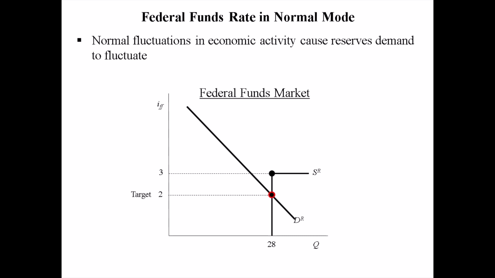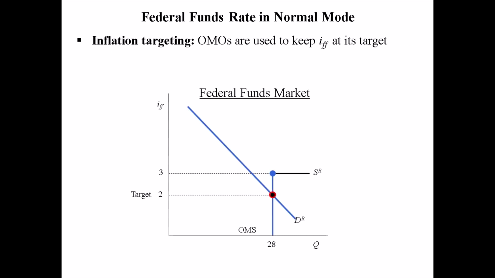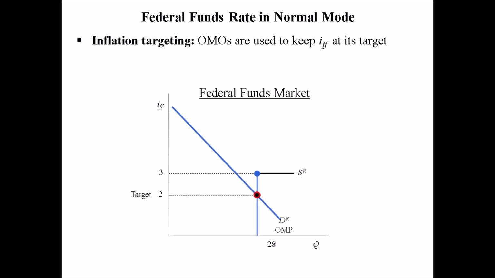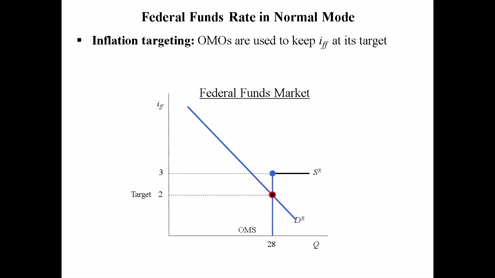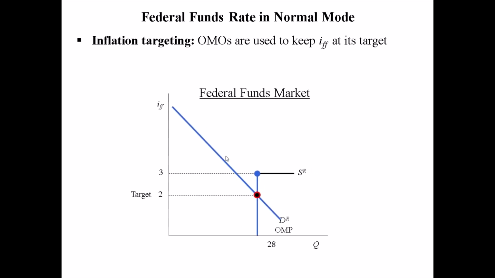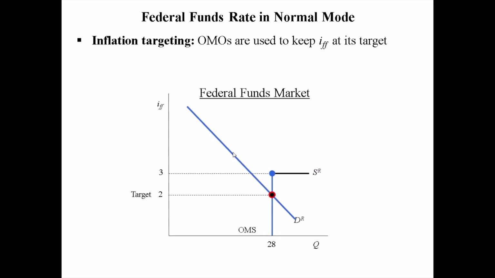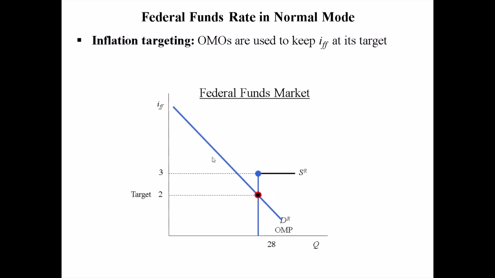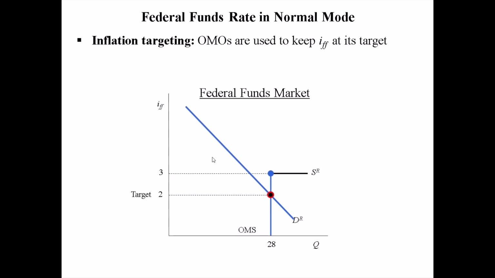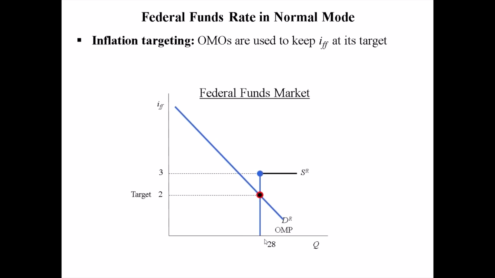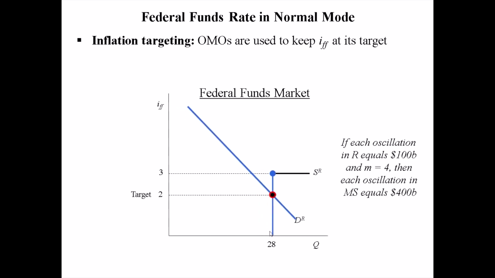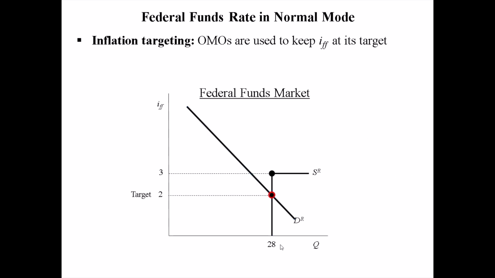When reserves demand cycles low, it has to do an open market sale. So as demand increases, it's doing open market purchases. As demand falls, it's doing some open market sales. The open market sales are when the Fed moves the supply of reserves leftward.